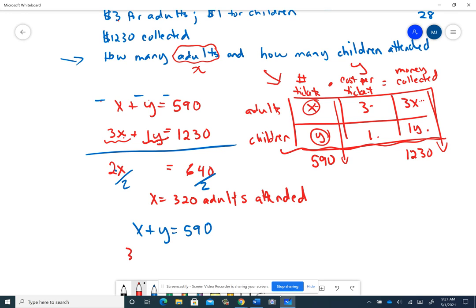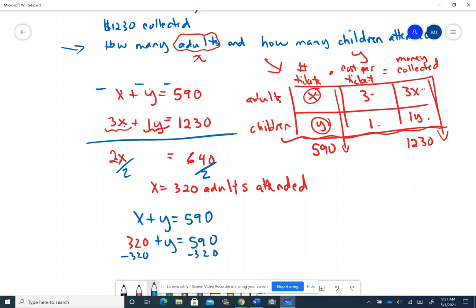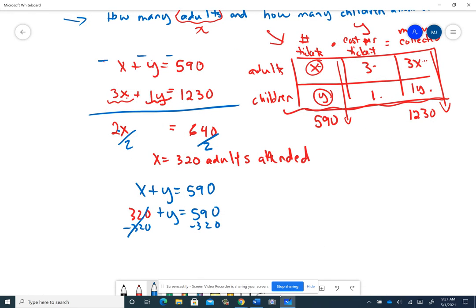So if I had 320 adults, I could find the number of children by just subtracting it from both sides. When I do that, I get that y equals 270. So 270 children attended.